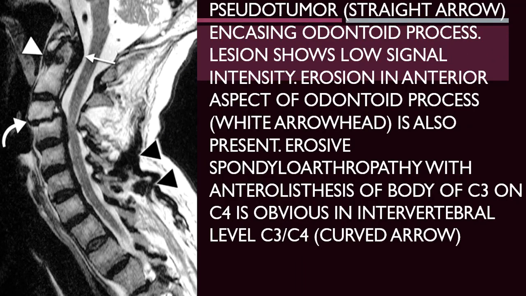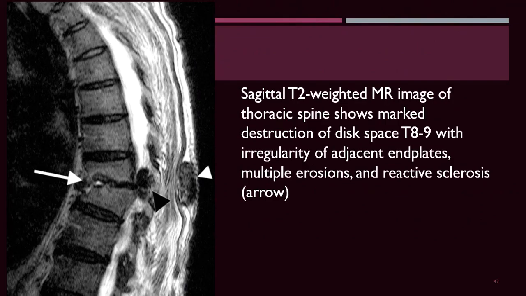Also, the spine could be affected with spondyloarthropathy. And on the thoracic spine, there is marked destruction of the disc space with multiple erosions and reactive sclerosis.